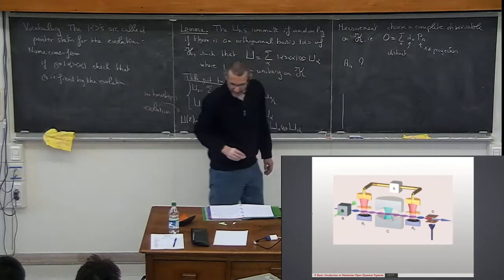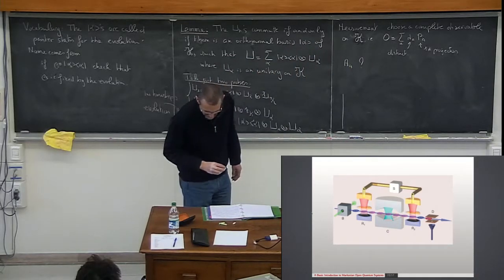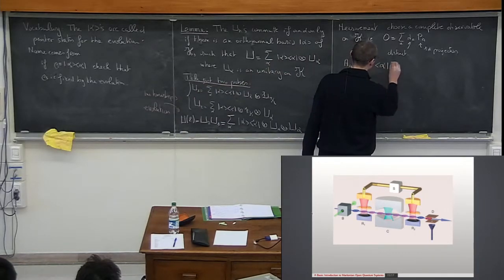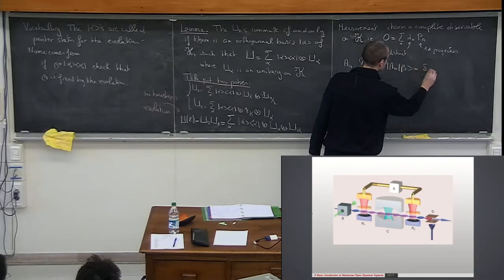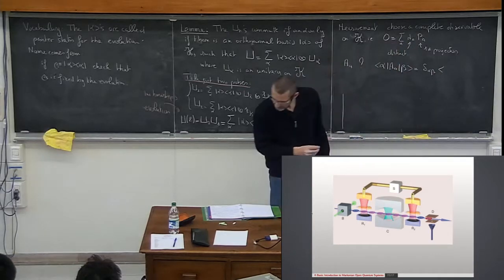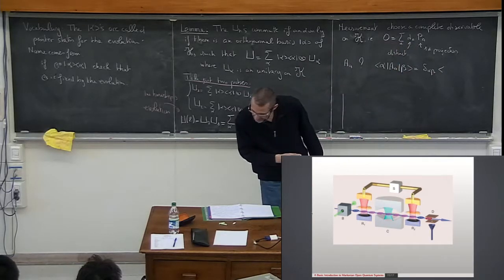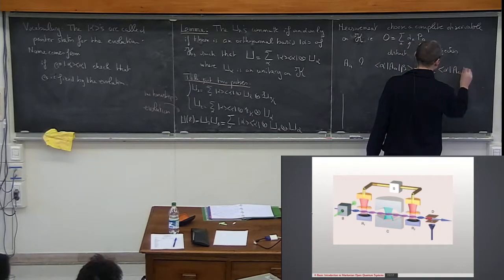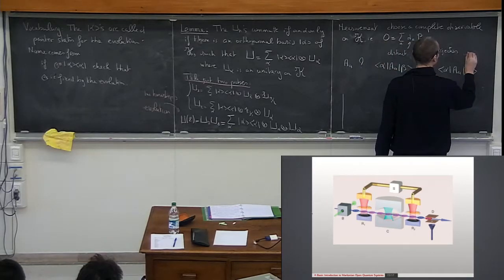And in the pointer state basis, it's very easy to compute that in fact alpha AI beta is nothing but delta alpha beta times alpha A A psi. And remember, psi, as usual, is the initial state of the probe.